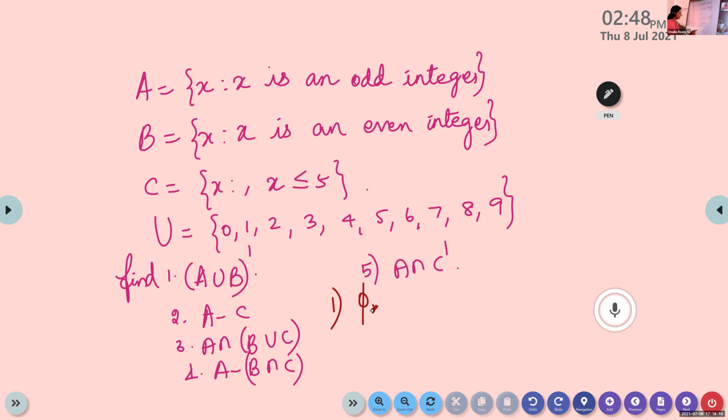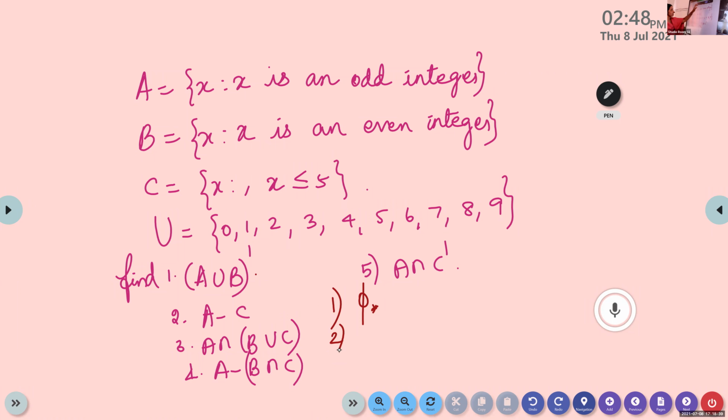Second one, what is A minus C? Is it -1, -5? I expected this one. Why? X is given as the set of all odd integers, but look at the universal set.